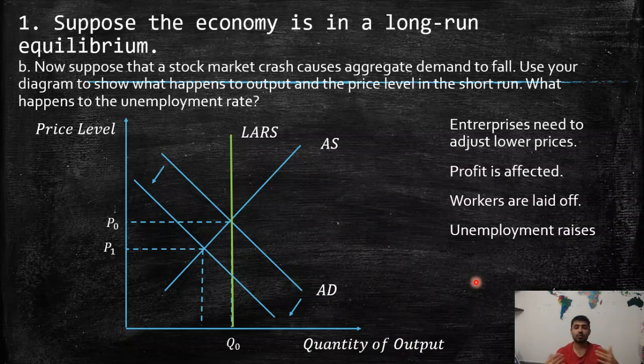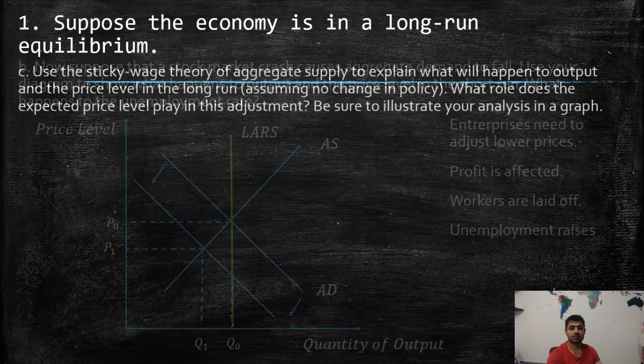Otherwise, when prices are lower, naturally they need to adapt to that situation and offer less. Because the profit is affected, when you are producing less, you need less labor. So some workers are laid off, and as a consequence, unemployment rises.